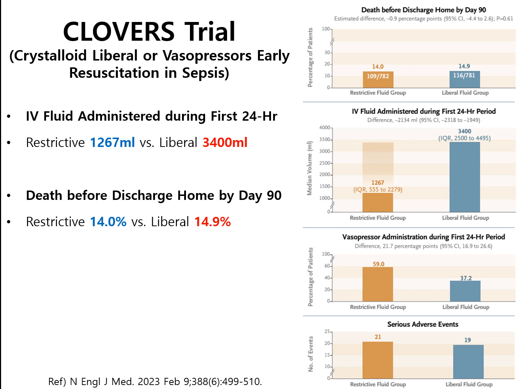But there was no significant difference in death before discharge home by day 90. The CLOVER trial showed that a restrictive fluid strategy may be a good option in the treatment of sepsis-induced hypotension.